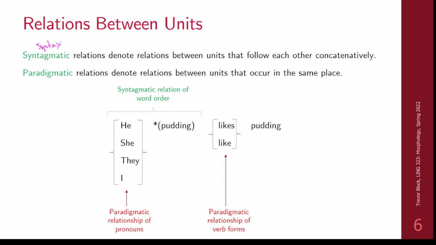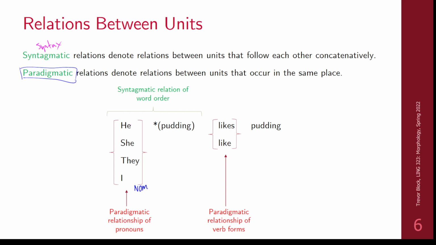A paradigmatic relation talks about all of the different forms of a word that can fit in a slot. For example, any nominative pronoun can fit in this subject slot. So we have a paradigm for nominative pronouns: he, she, they, I, and so on. That depends on the person, maybe the gender, and definitely the number.